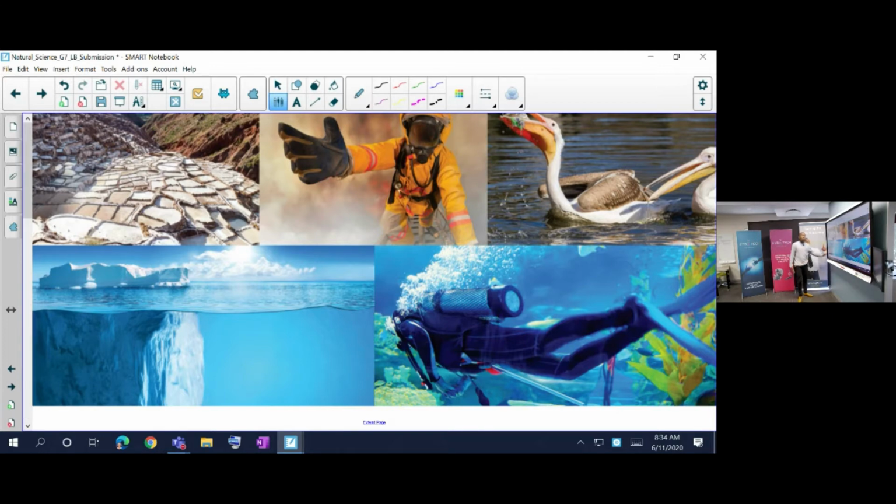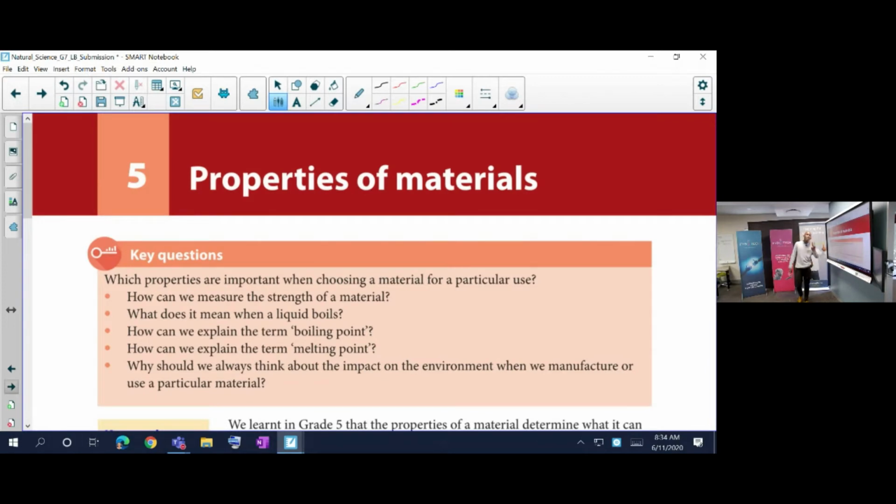Today, we are going to be focusing on two key properties as we continue building on our knowledge of properties of materials.